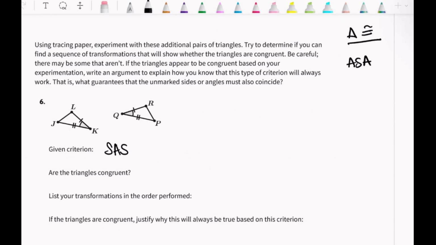My answer is yes, and I'm going to show you my transformations. I'm going to move K onto Q, so translate K onto Q. These are points, right? Those look parallel, so I don't think I'm going to have to rotate it.